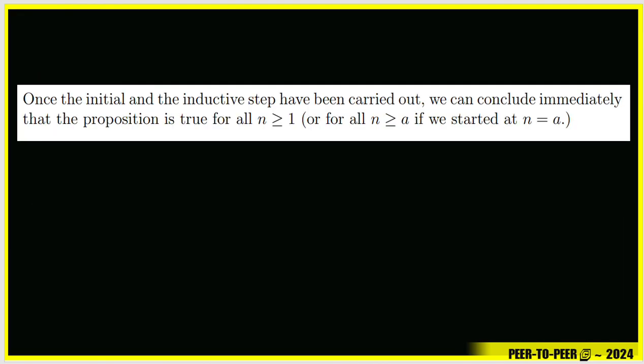So once the initial and the inductive steps have been carried out, then we can now conclude immediately that the proposition is true for all n greater or equal to 1, or for all n greater or equal to a, if the particular proposition does not start from 1.